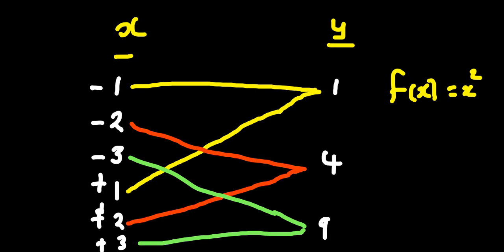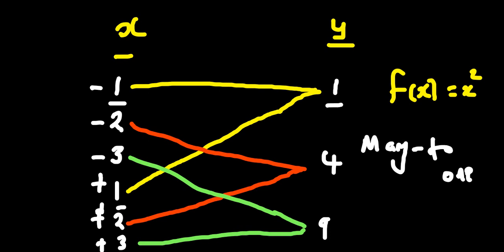Now this kind of relationship, like we said, is a many to one function. Many to one in the sense that you've got two input values that are giving you one output value.